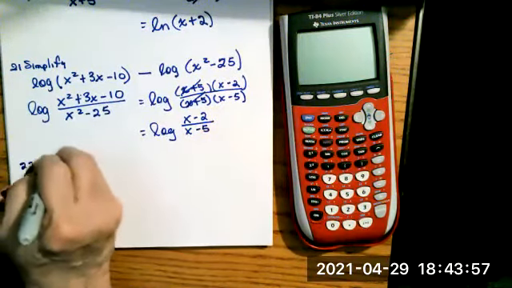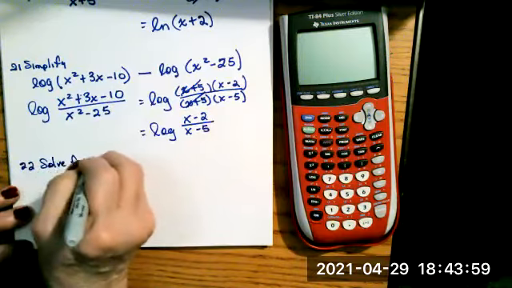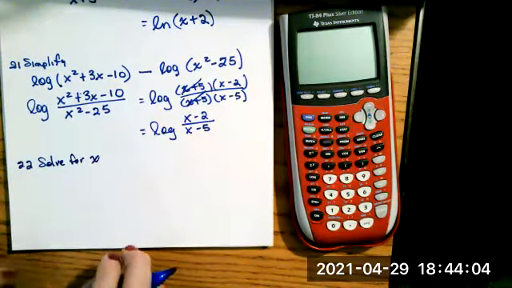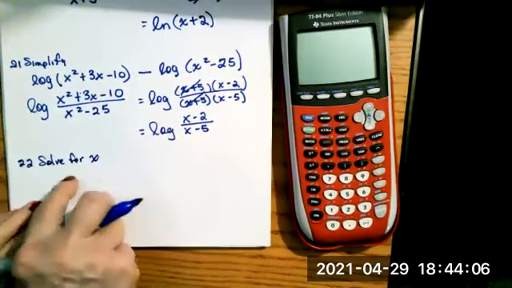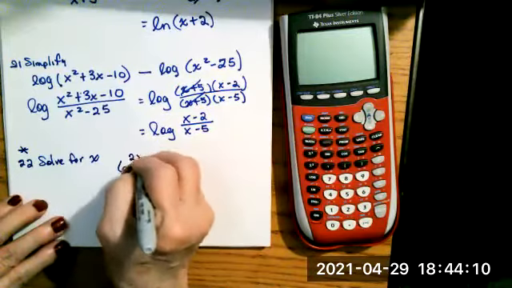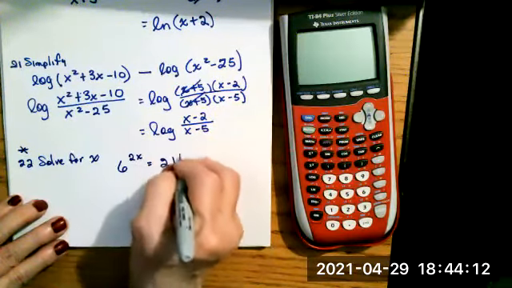22 says solve for x. Now, this is where some of you are struggling a little bit, is what to do when you get to these. So put a star on this number 22. 6 to the 2x equals 216.